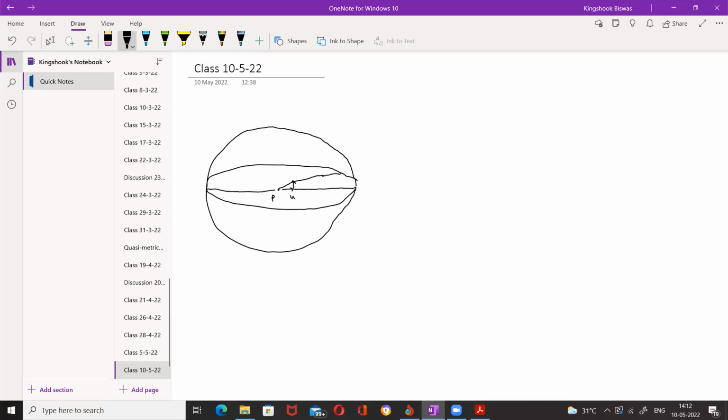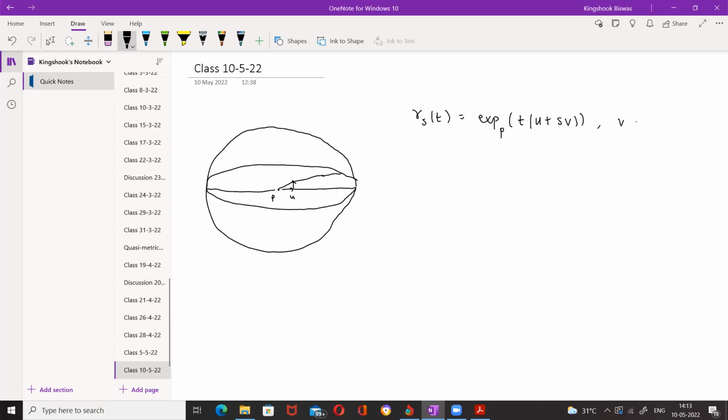So this J comes through a one parameter family of geodesics. You can take them to be gamma_s(t), which you could take to be exp_P(t(U + sV)), right?